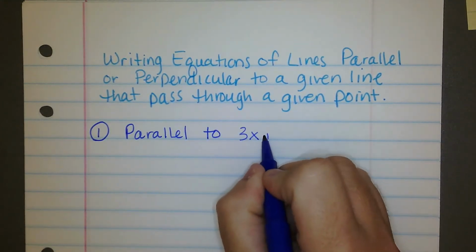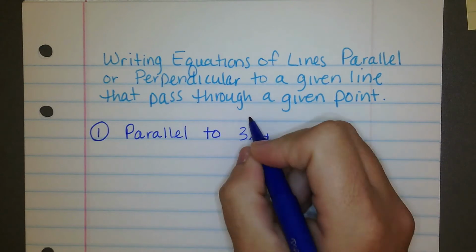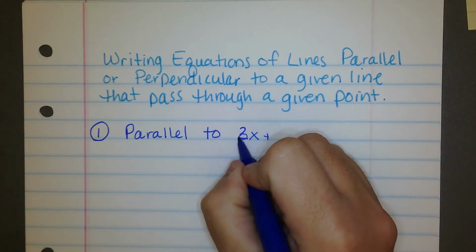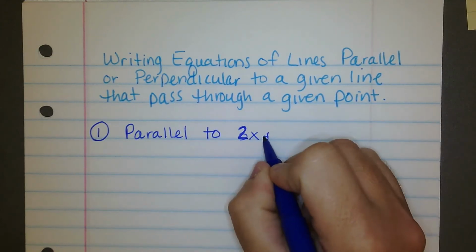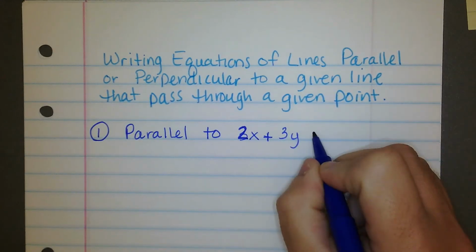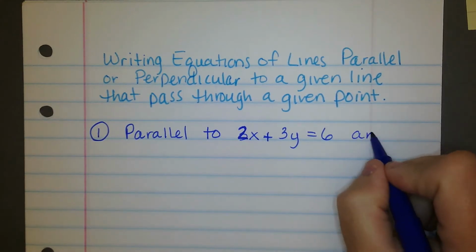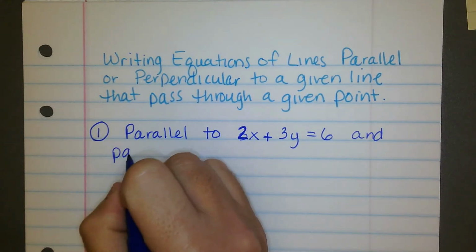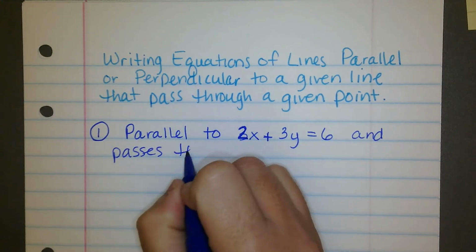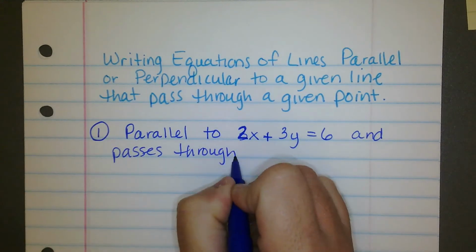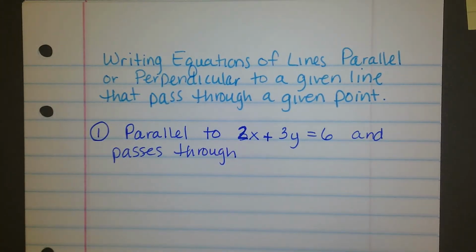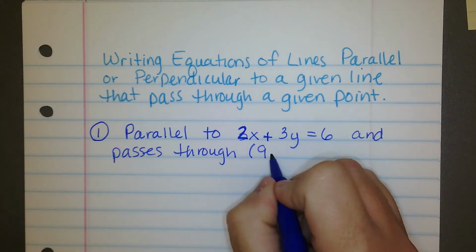It's 2x plus 3y equals 6. 2x plus 3y equals 6. And passes through the point 9, 8.